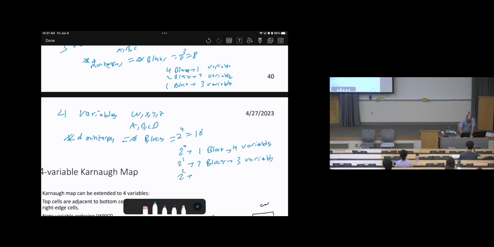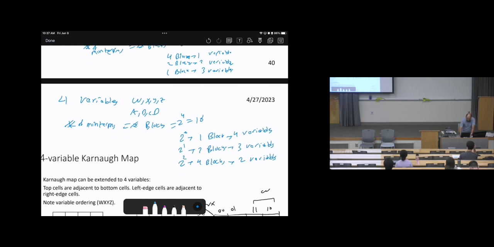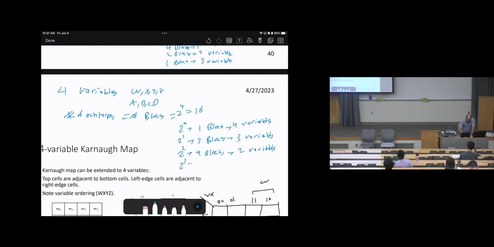Then 2 to the power 2, which is 4 blocks, will include 2 variables. Now it will be different than the 3-variable case because we have a larger number of blocks and a larger number of variables. Then 2 to the power 3 will include 8 blocks, which will include only 1 variable.